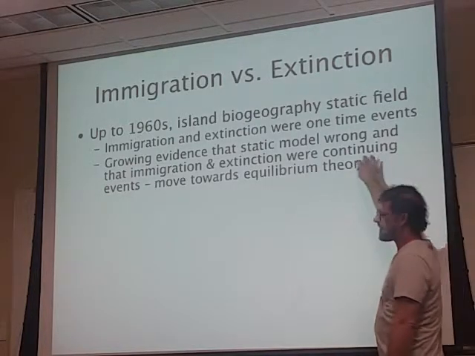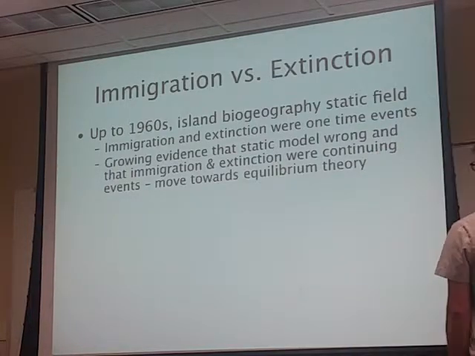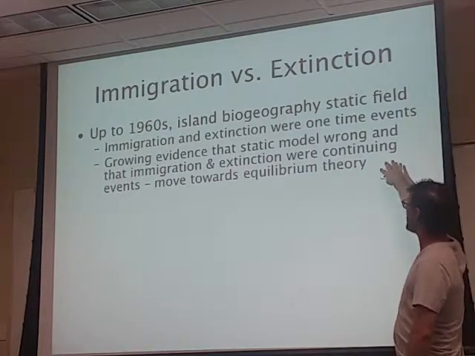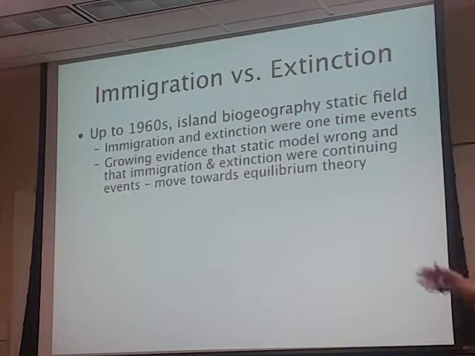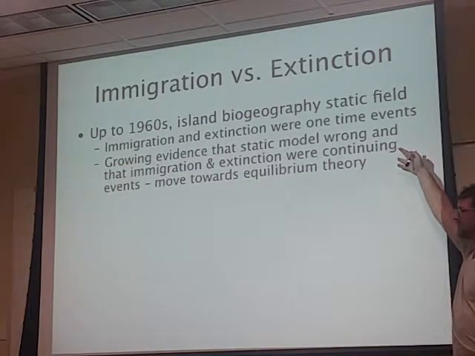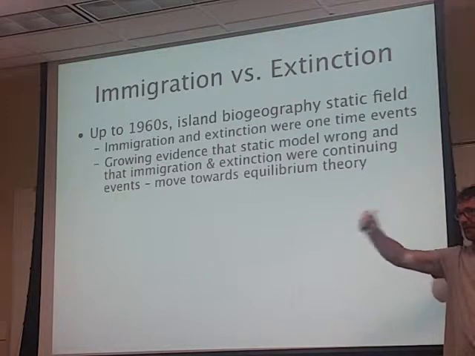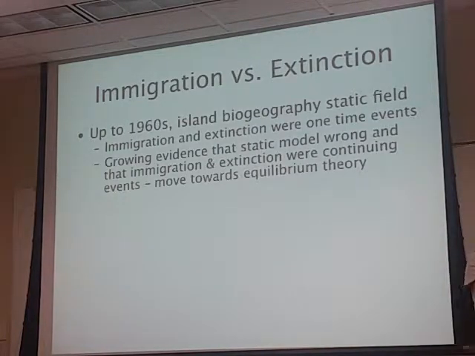And so you had growing evidence that this model was wrong, and that immigration and extinction should be thought of as continuing events. We really didn't have the genetic data. We'll get to some really cool island examples where they've tried to reconstruct the pathway of immigration and extinction in different adaptive radiated groups like Hawaiian honeycreepers and Darwin's finches.